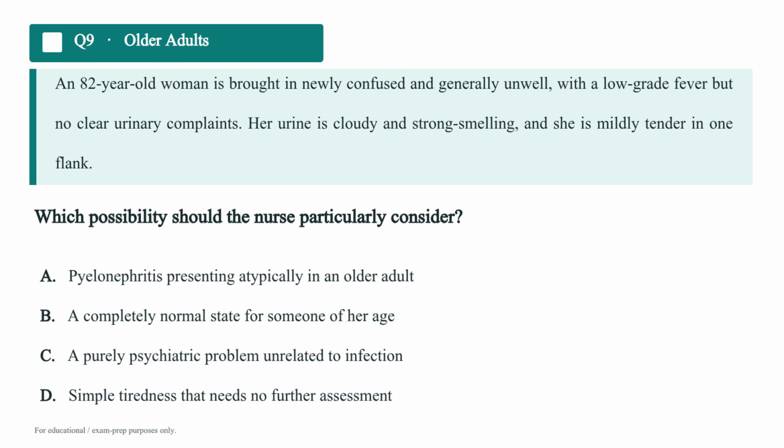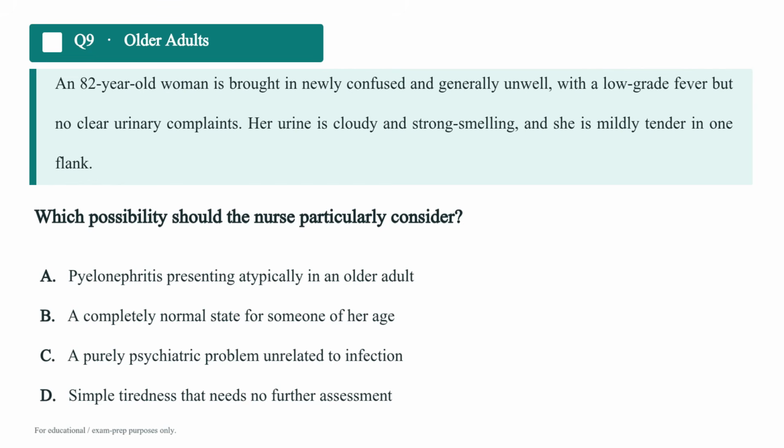Question 9. An 82-year-old woman is brought in newly confused and generally unwell, with a low-grade fever but no clear urinary complaints. Her urine is cloudy and strong smelling, and she is mildly tender in one flank. Which possibility should the nurse particularly consider?